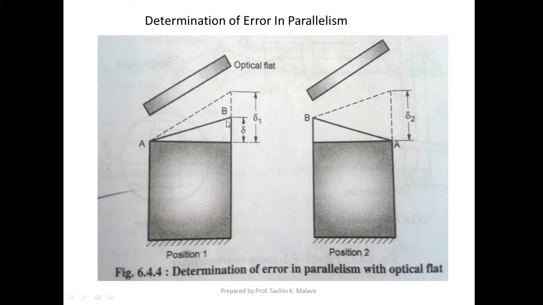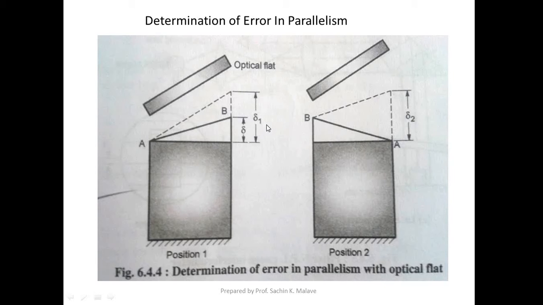As you can see, face AB is nearly parallel to the optical flat. They are not exactly parallel, but this distance delta 1 can be found out, so that the optical flat and AB can be parallel.